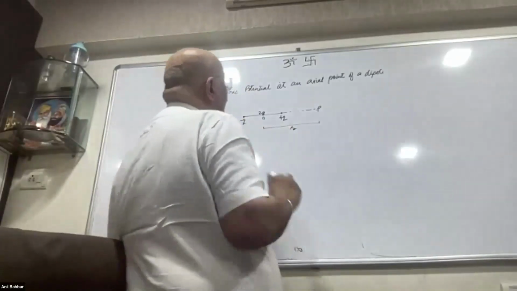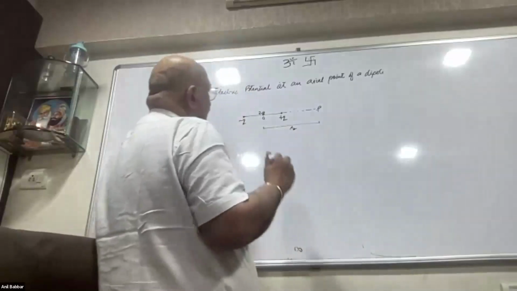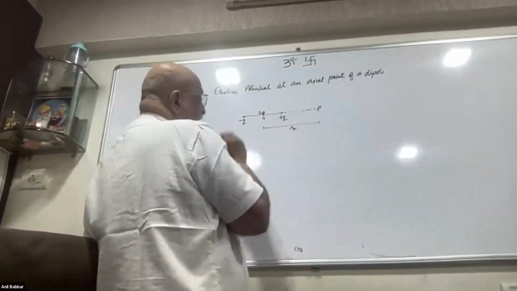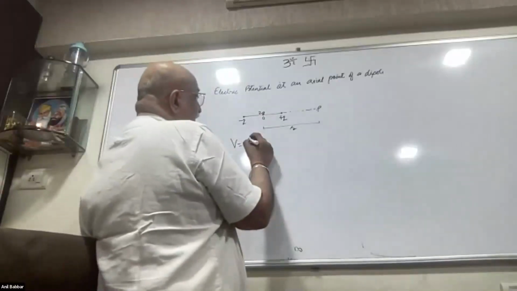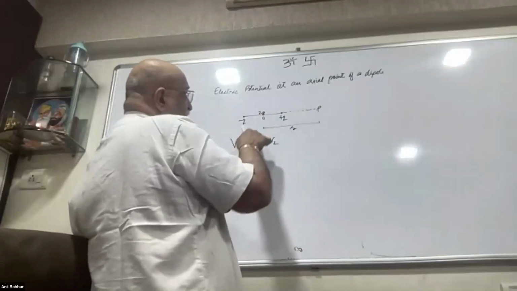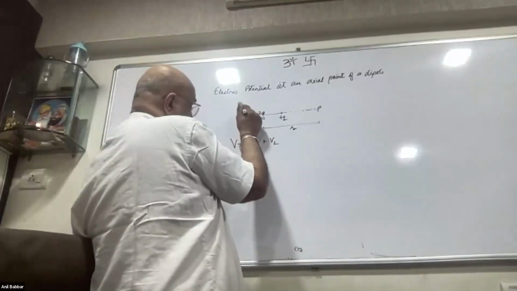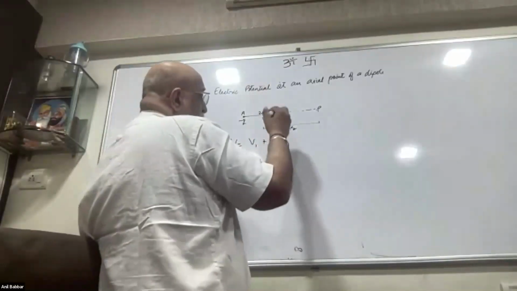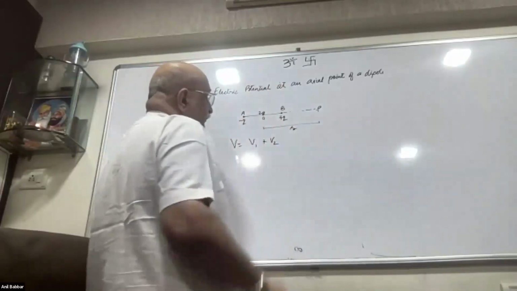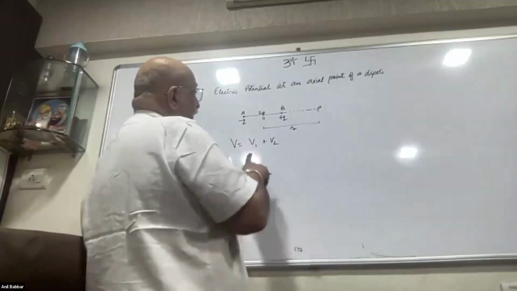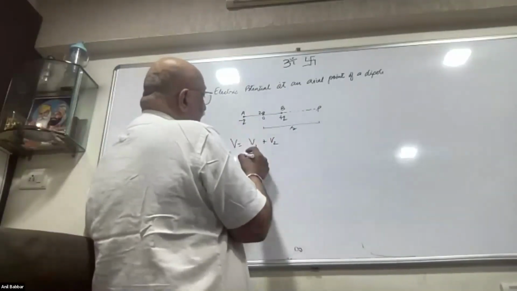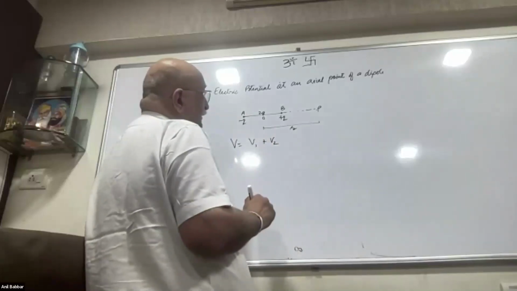Now the total potential V is going to be V1 plus V2. V1 is the potential due to negative charge placed at point A, and V2 is the potential at point B due to positive charge. So V1 is due to negative charge.